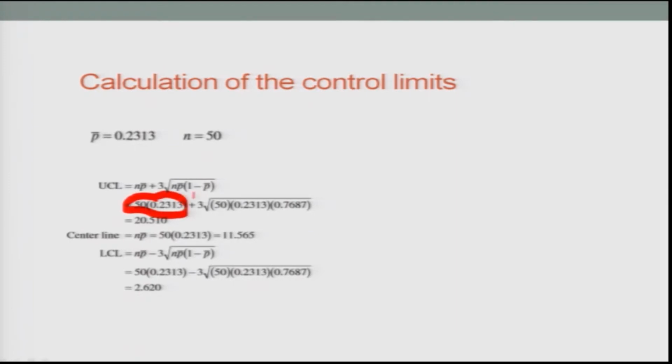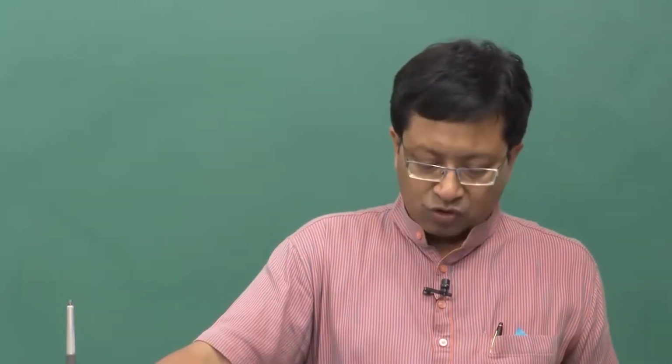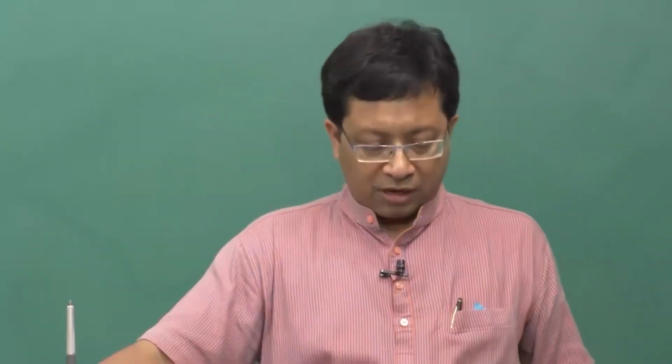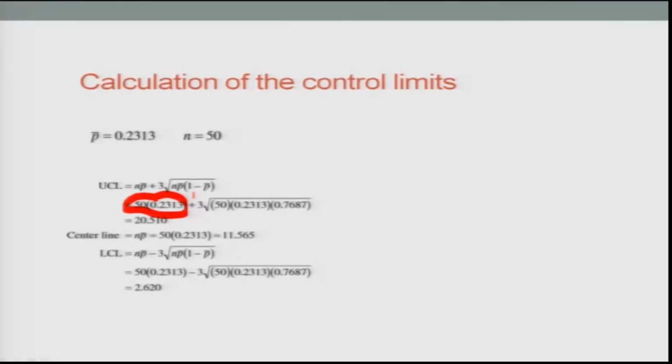So, this you can find at the central line, and the upper control and lower control would be found by plus minus 3 times the standard deviation, which in this case, considering that you are using the numbers as such, would be the square root of NP into 1 minus P. Again, they come from the simple concept of the central limit theorem. Then you use those values to find the upper control and the lower control. The upper control comes out to be 20.510 and the lower control comes out to be 2.620.